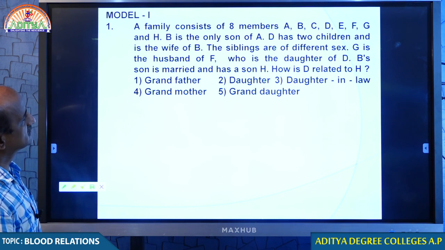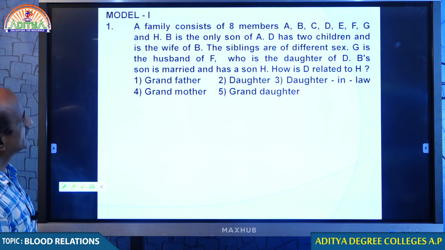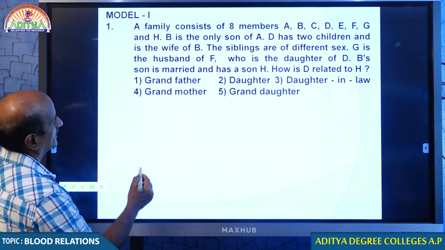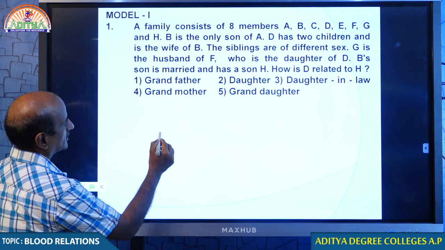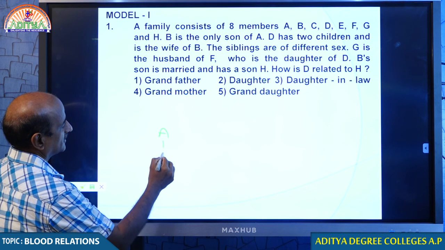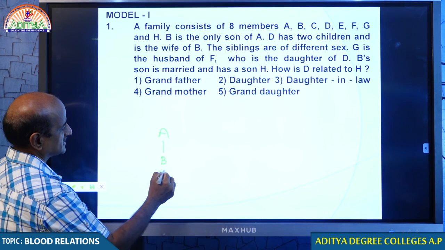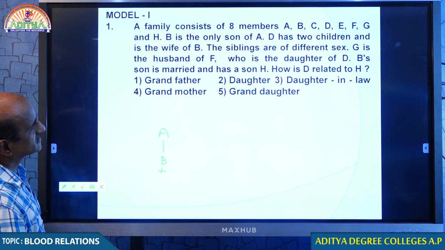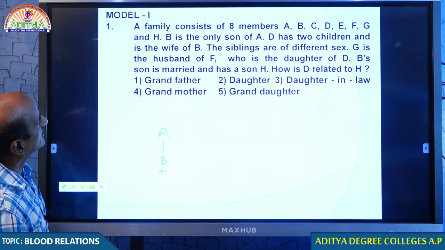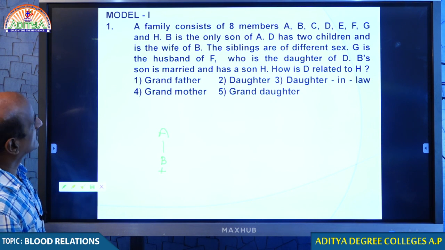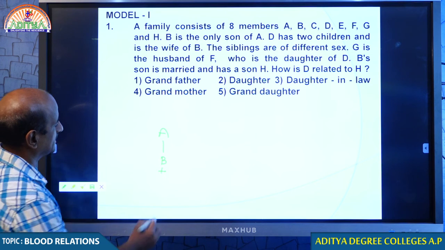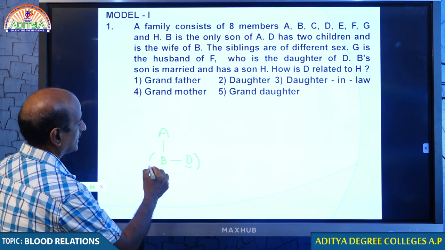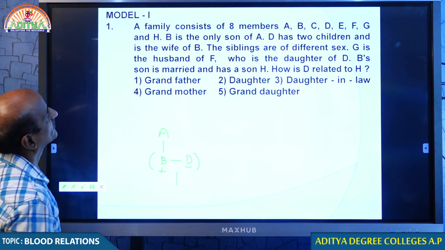Question number 1. A family consists of 8 members, A, B, C, D, E, F, G, H. B is the only son of A. Then, D is the wife of B and has 2 children.